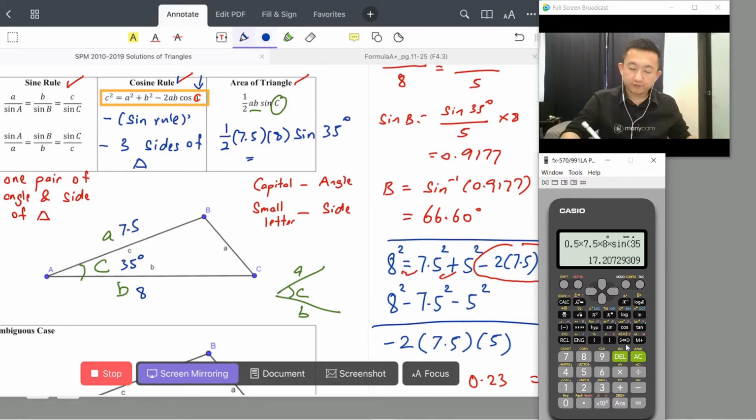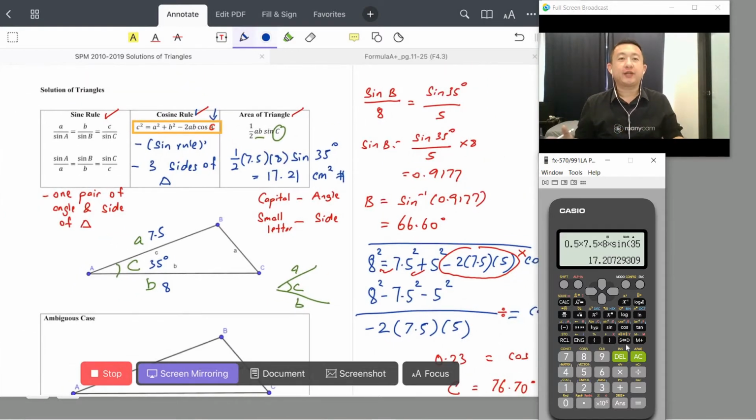You should have 17.21 cm squared. Okay, remember this is just a recap. So does it bring back your memories on sine rule, cosine rule, and area of triangle?